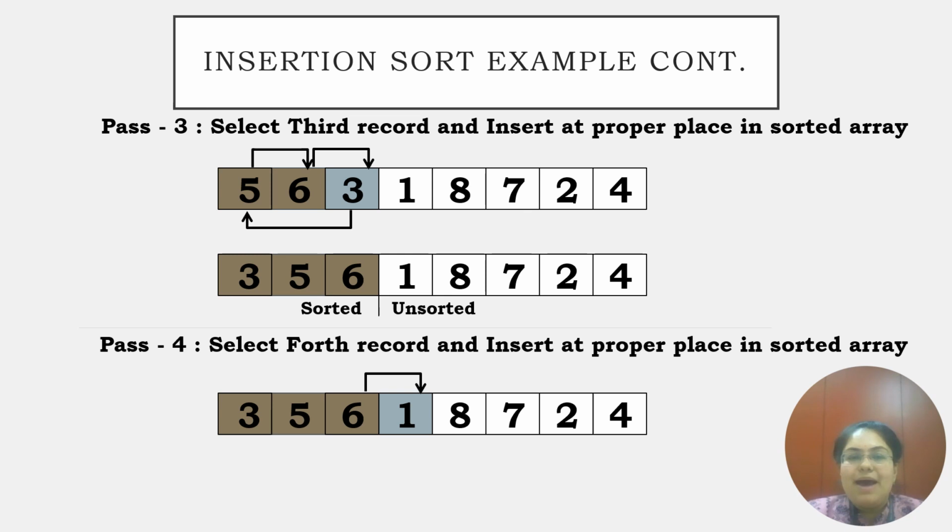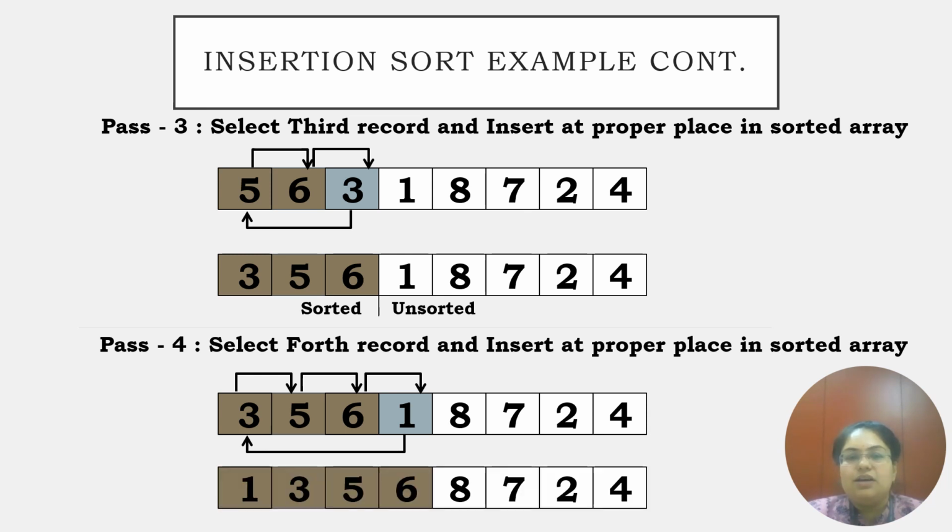As we compare, we find that 6 is greater than 1, so we swap. Similarly, 6 is greater than 5, so we put 5 in the second index. Similarly, 1 is less than 3, 5 and 6, so we put 1 in the first index and the other elements in sorted order.